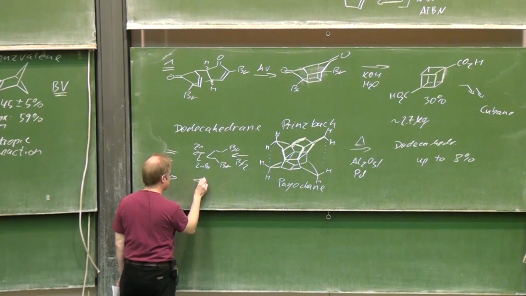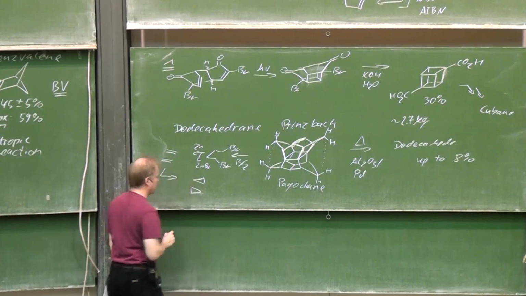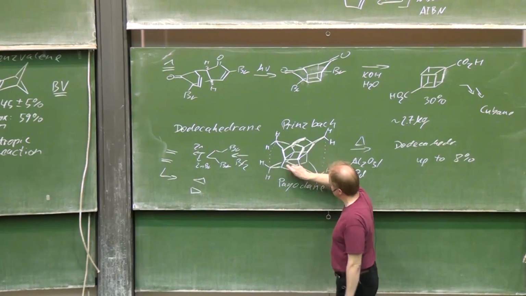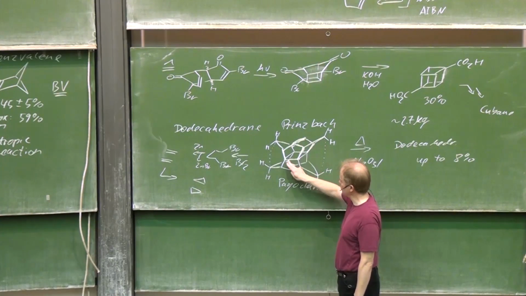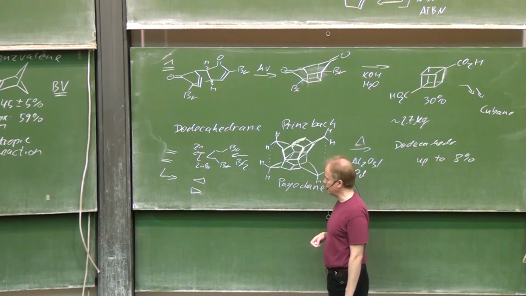Cyclopropanation gave this structure with missing that and that single bond and having a cyclopropane here and a cyclopropane there.